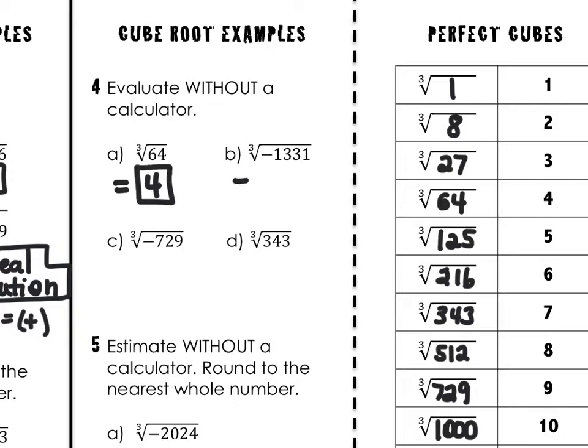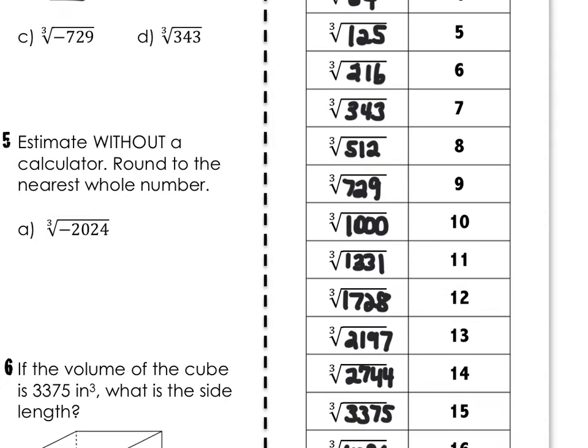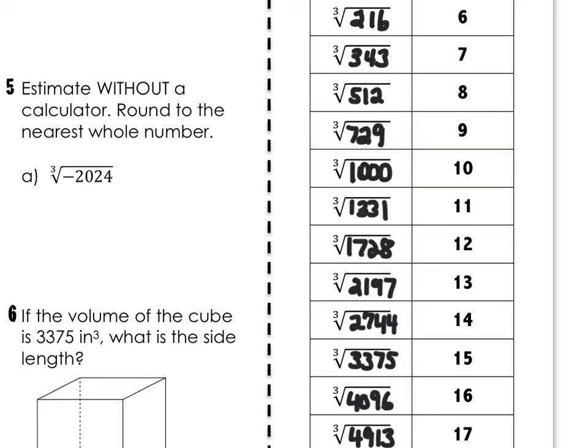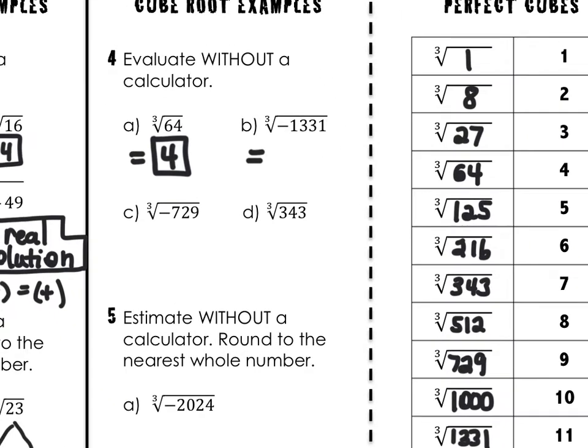Now for the cube roots, notice this one has a negative inside the cube root symbol. You can actually do that and have a real solution. 1331 is over here. The cube root of 1331 is 11. So when the negative is inside the cube root, it's going to be negative 11. And the reason why that is true is because if you do negative 11 times itself 3 times, you're going to have 3 negative signs.